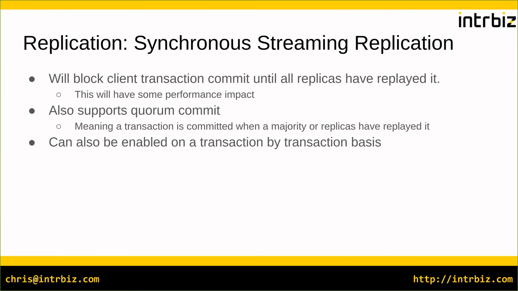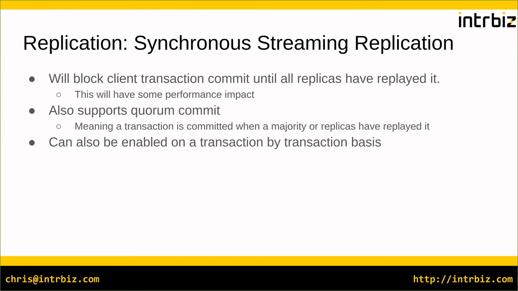So it also supports a mode called Quorum Commit. So as long as the majority of the servers specified have written that transaction to all of their disks. So in other words, the primary has it and say at least one other replica has it. Then that transaction is considered committed from the viewpoint of the client.